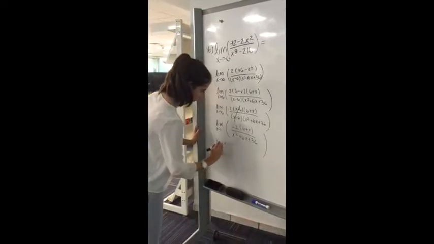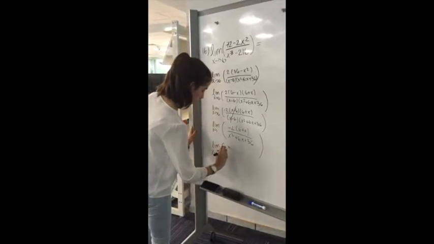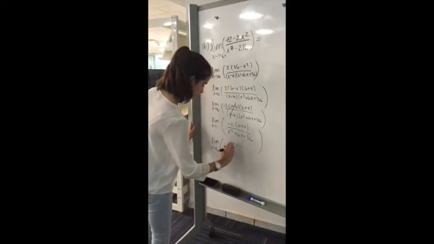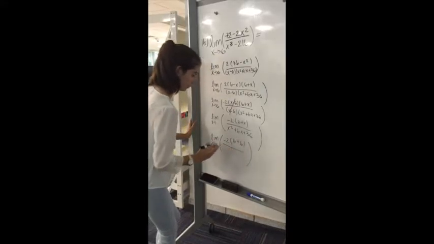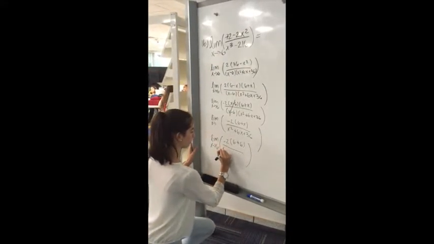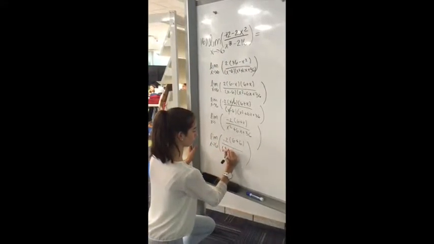After canceling out, we can now substitute. In this case, we will substitute the 6 that was given to us in each x in the formula.